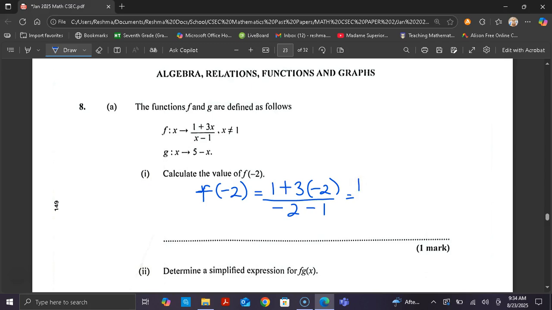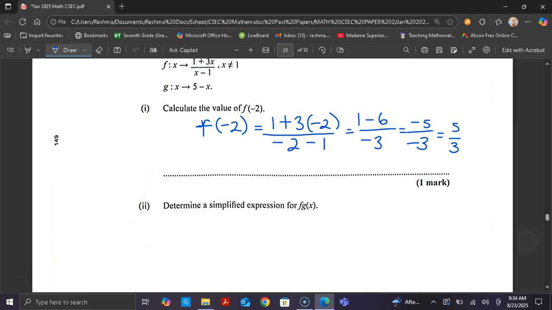So 1 plus negative 6 will become 1 minus 6. And negative 2 take away 1 will be negative 3. So we have 1 minus 6 in the numerator will be negative 5 over negative 3. Negative divided by negative is a positive number, so we get 5/3, which we can leave as an improper fraction.